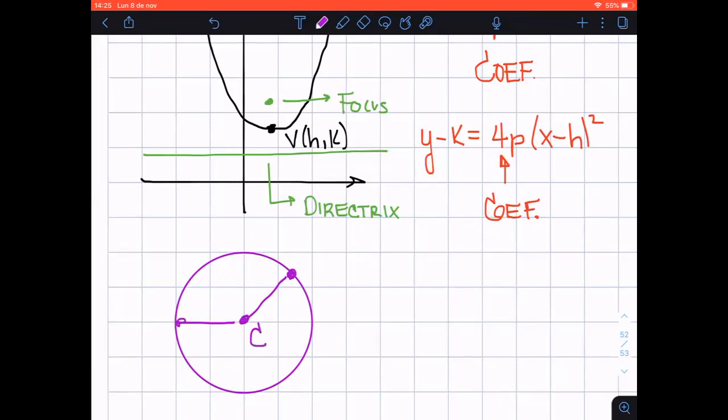The center is a point at the middle of the circle, right? So that's a geometric definition of the circle. The parabola will also have a geometric definition.